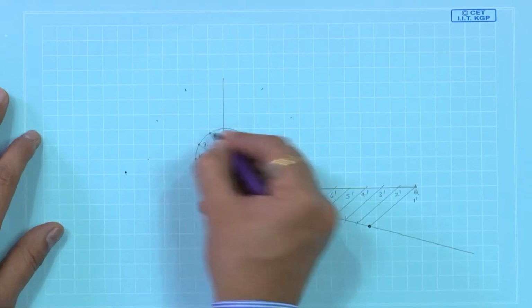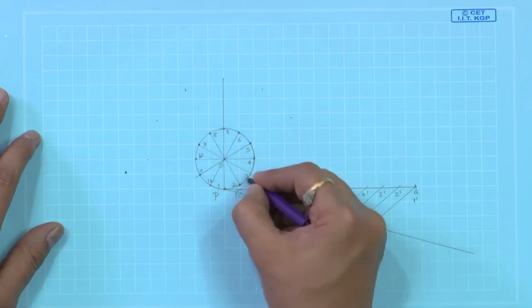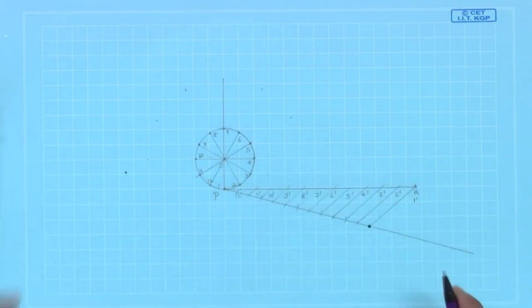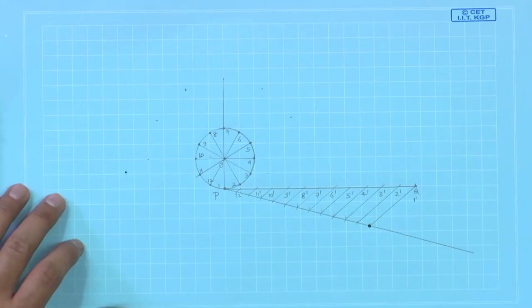These are the points through which the rope length is winding. Now, draw tangents to these points.